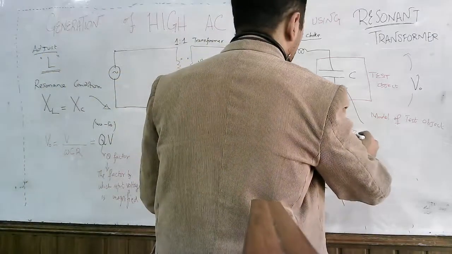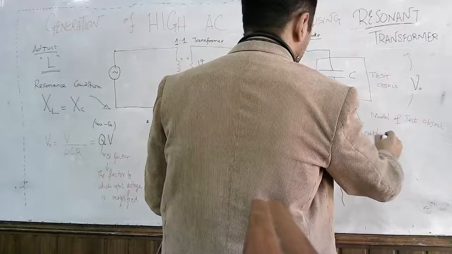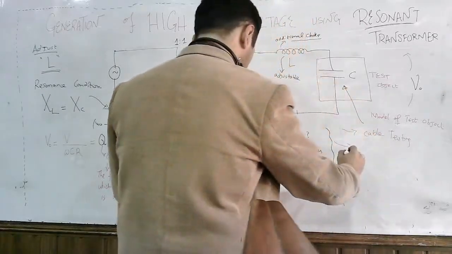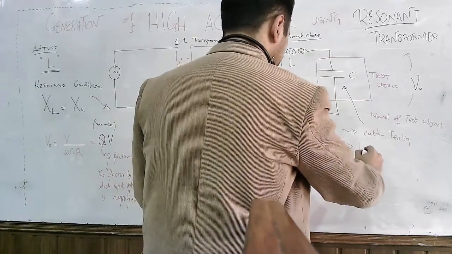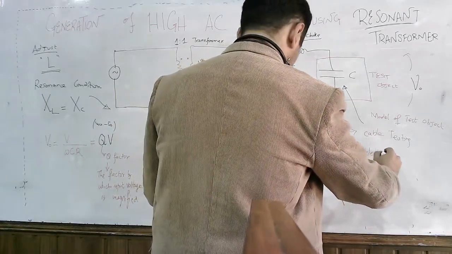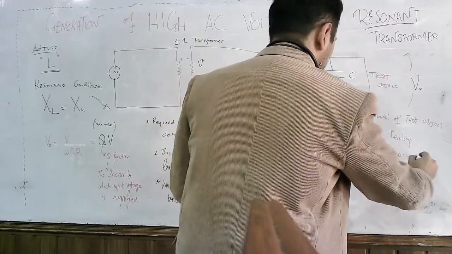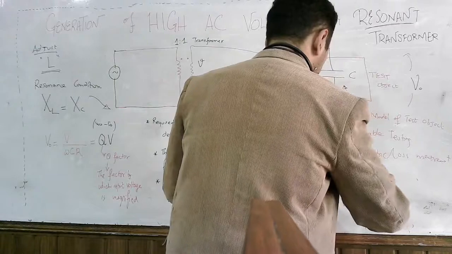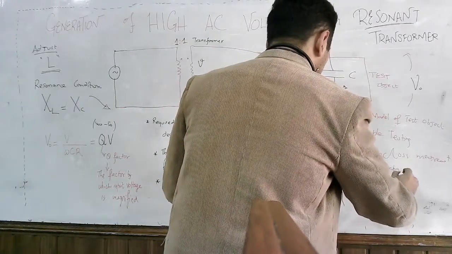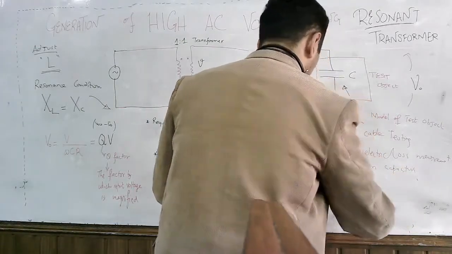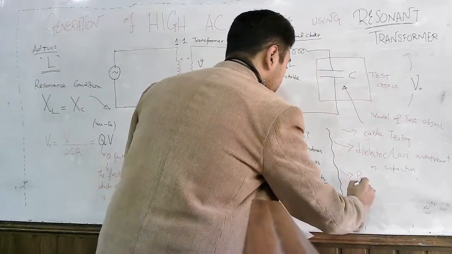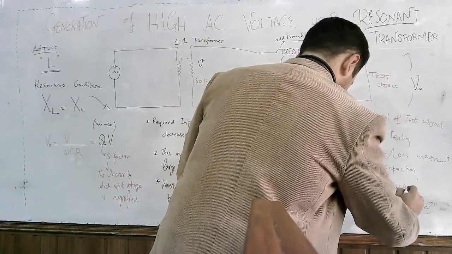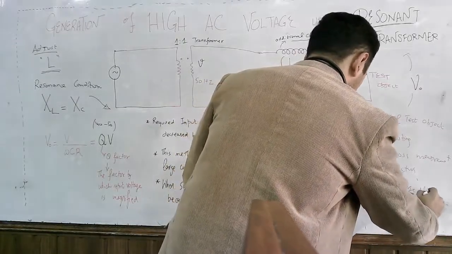The applications are there. Such a circuit is used for cable testing. It is also used for dielectric loss measurement in capacitors. This circuit is also used for partial discharge measurements.